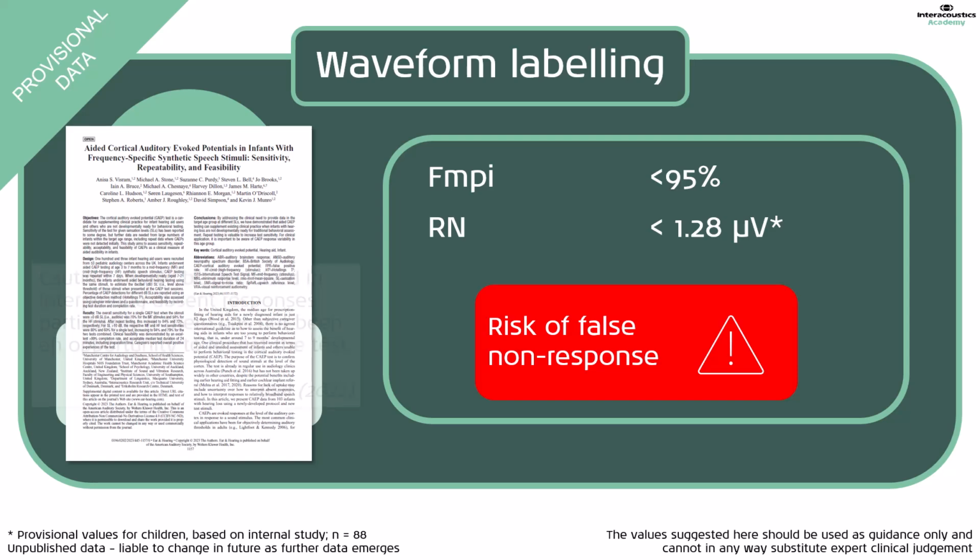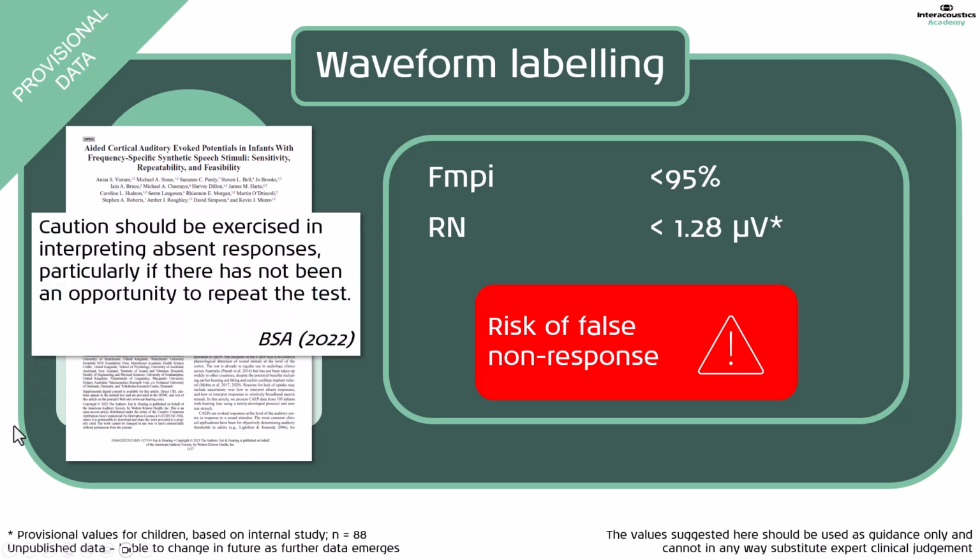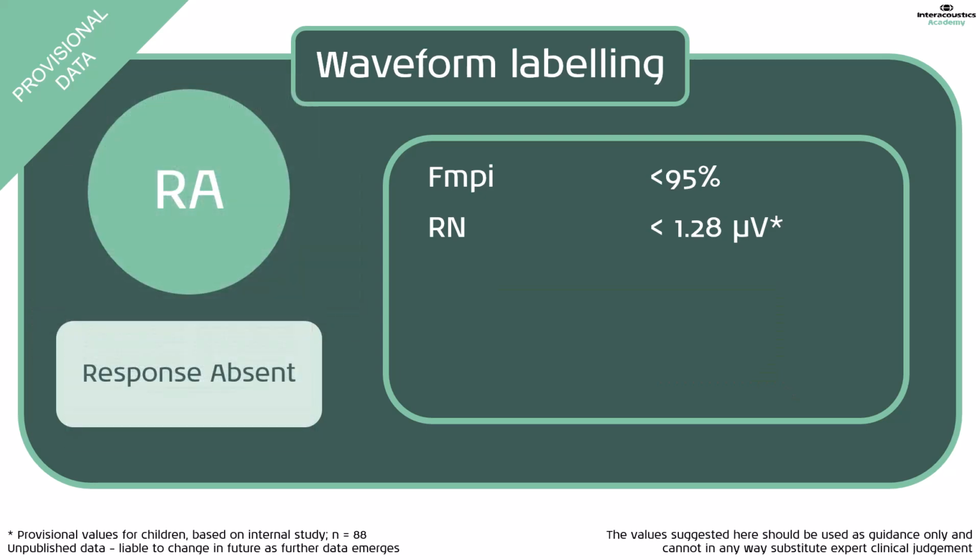The British Society of Audiology also highlights that absent or non-responses should be interpreted with caution if they have not been repeated. Therefore, best practice is to repeat any waveforms when the FMPI value does not reach 95% and the residual noise is low.